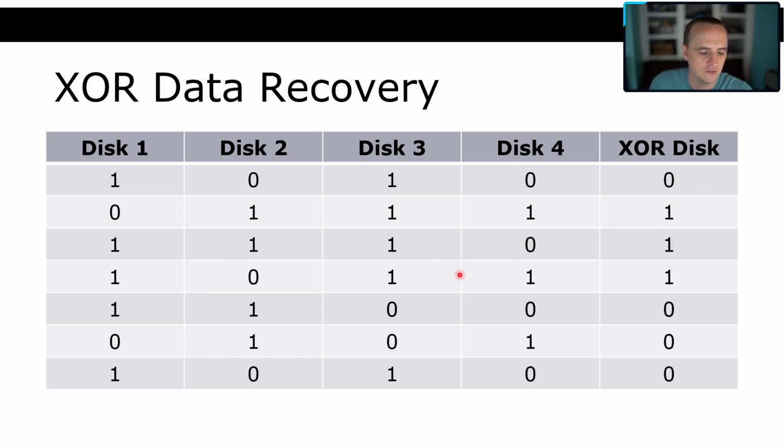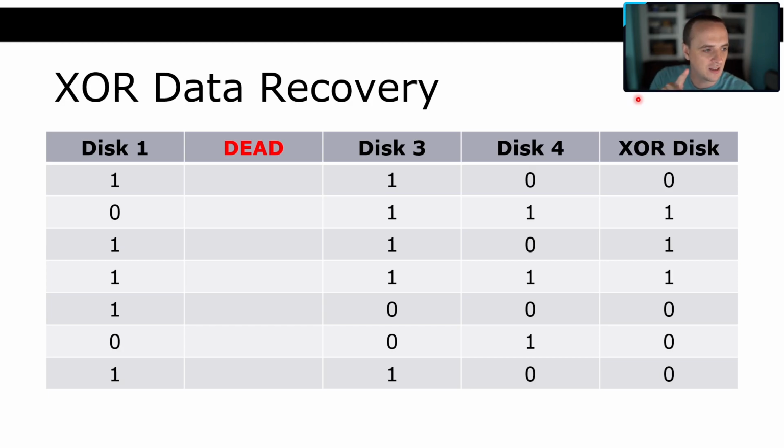So for each bit on each of the other disks, we XOR all of the values together. Now, if any one of these disks dies, including the XOR disk, we can get back the data on all the other disks.